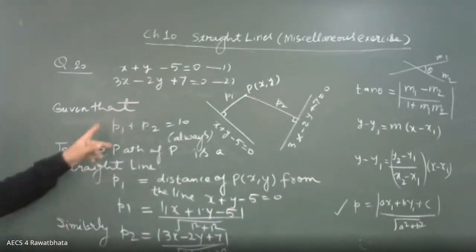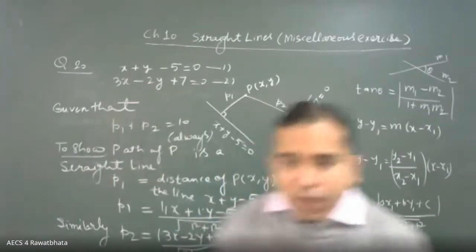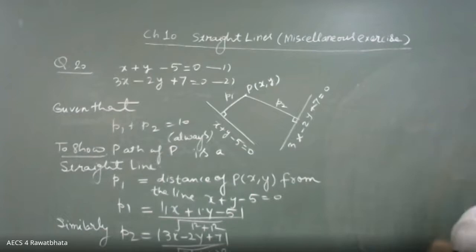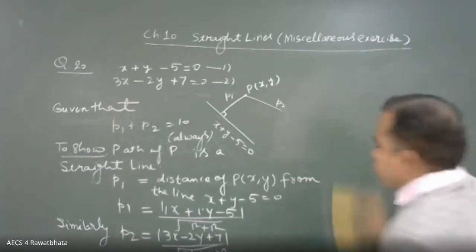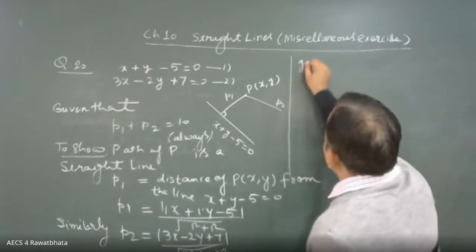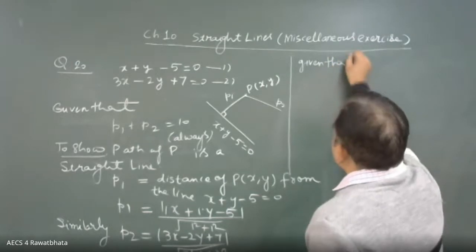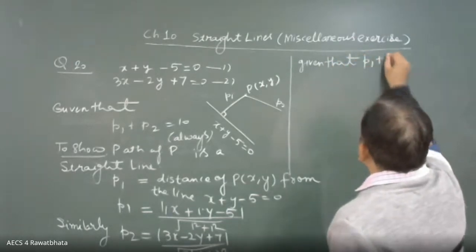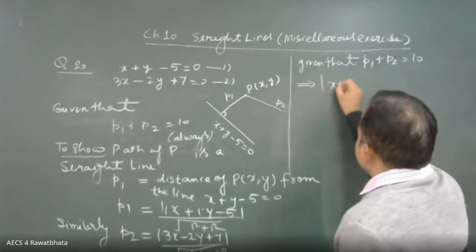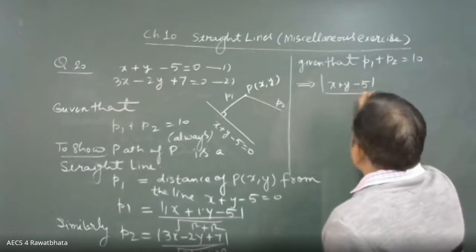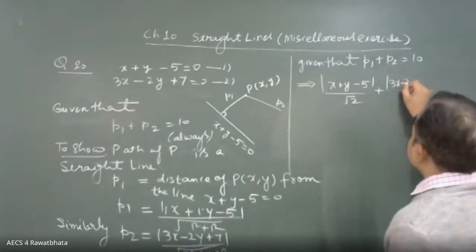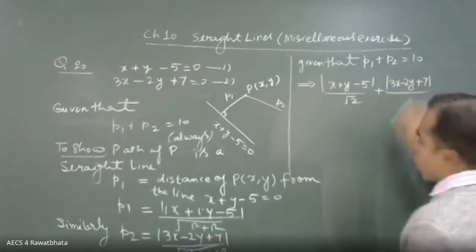Right. Now let us use this given fact. Watch carefully, note carefully, and let us see what to do next. Given that P1 plus P2 equal to 10, it means that magnitude of x plus y minus 5 whole upon root 2, plus magnitude of 3x minus 2y plus 7 whole upon, this is how much, students?